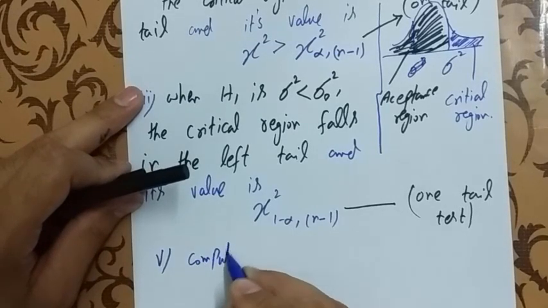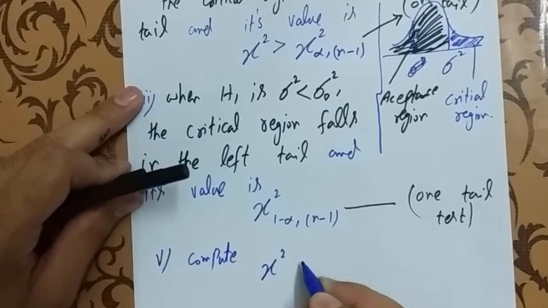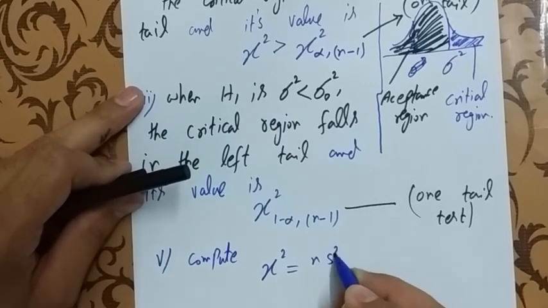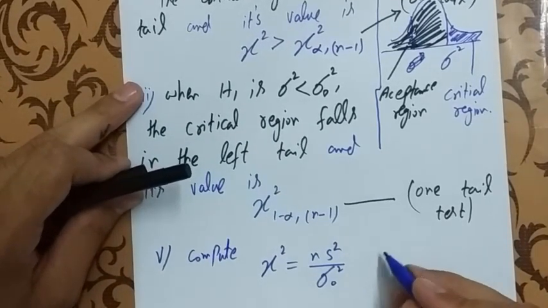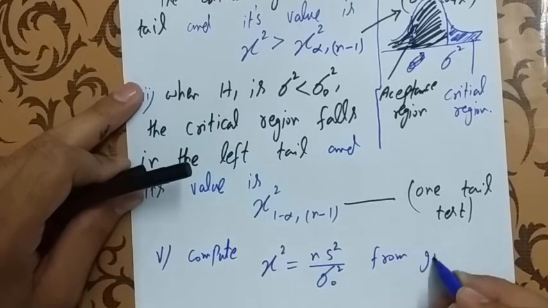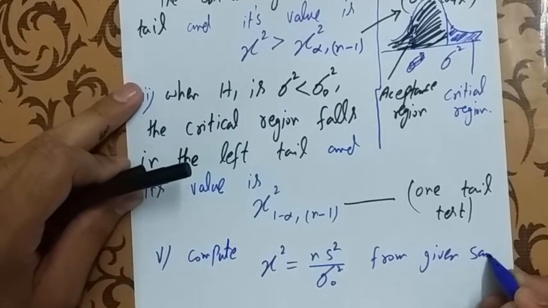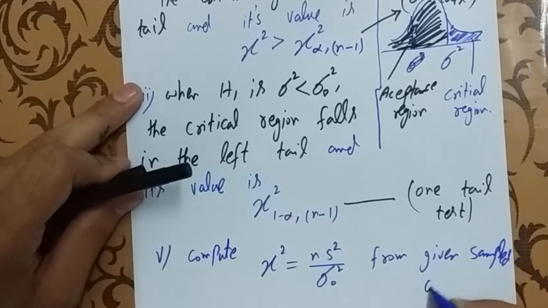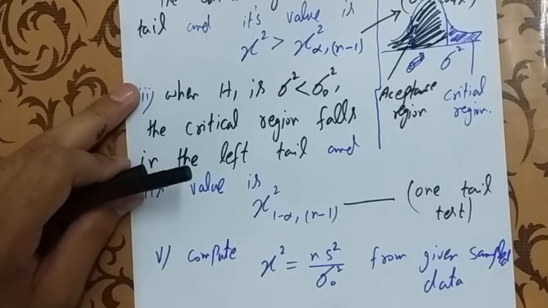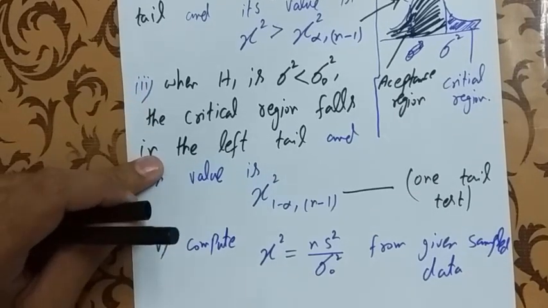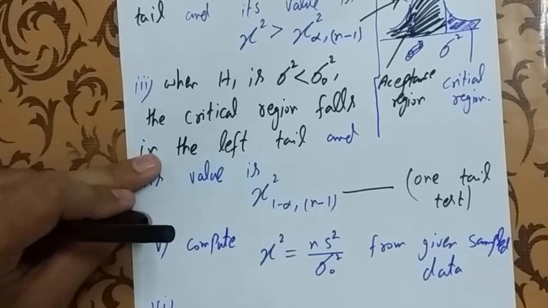Compute chi square, which is equal to n s square over sigma naught square, from the given sampled data. Class, those data which we selected from the normal population as a sample. By using these samples, find out the chi-square, and in the sixth step, decide.